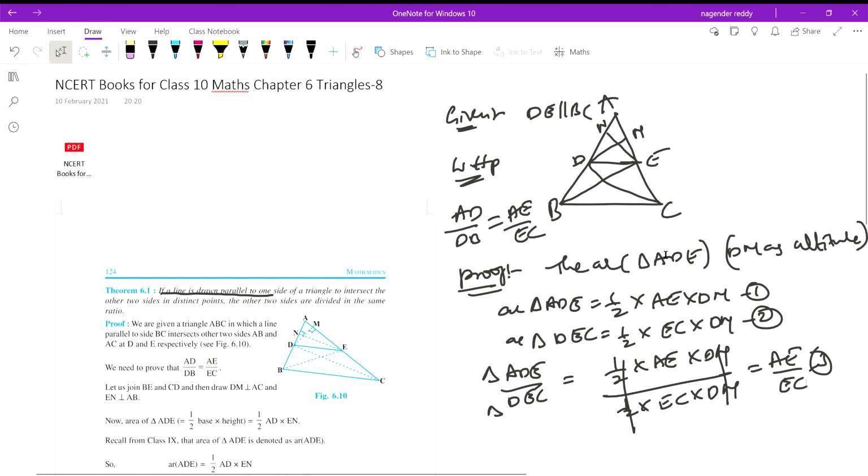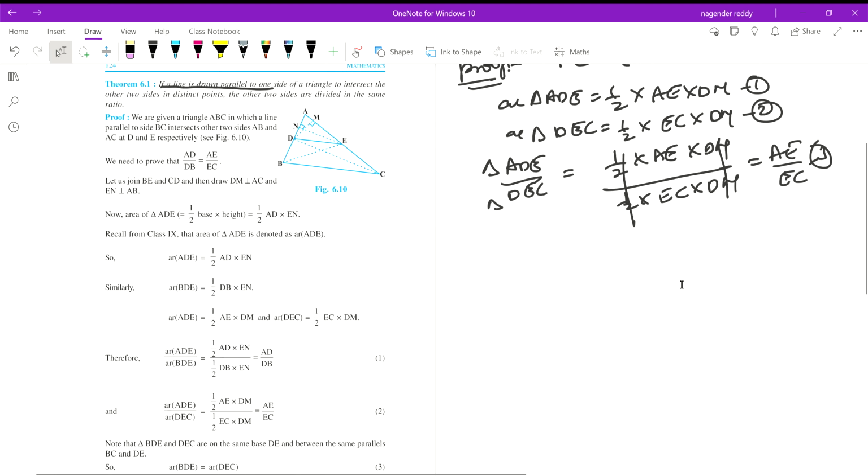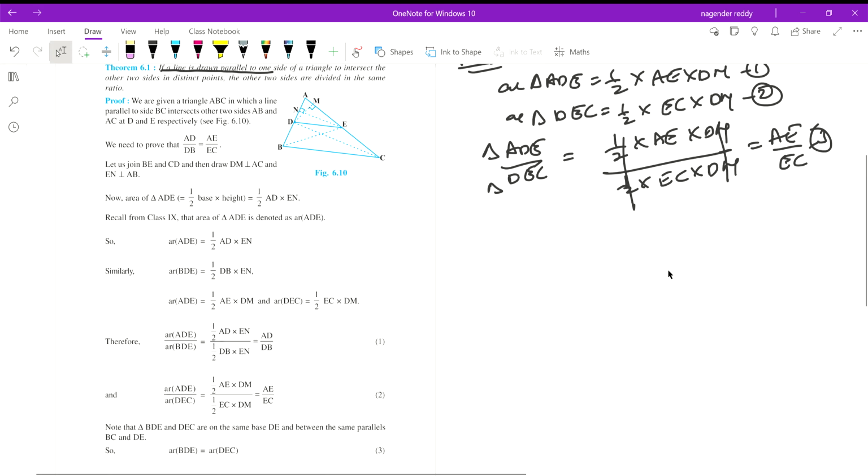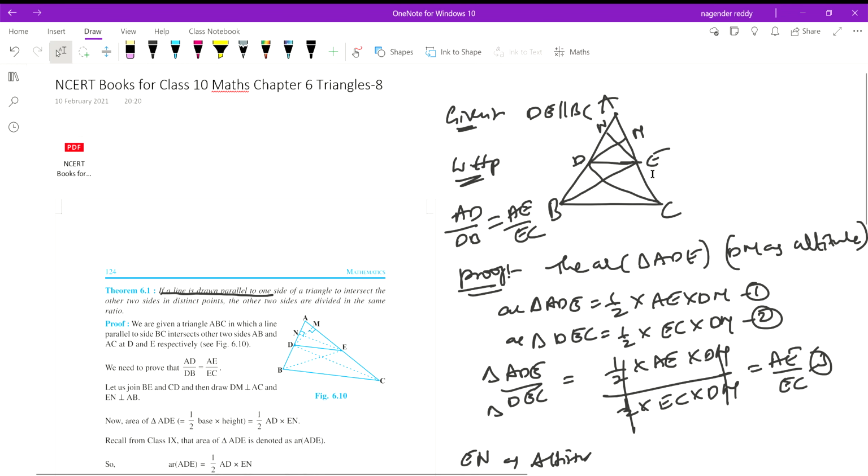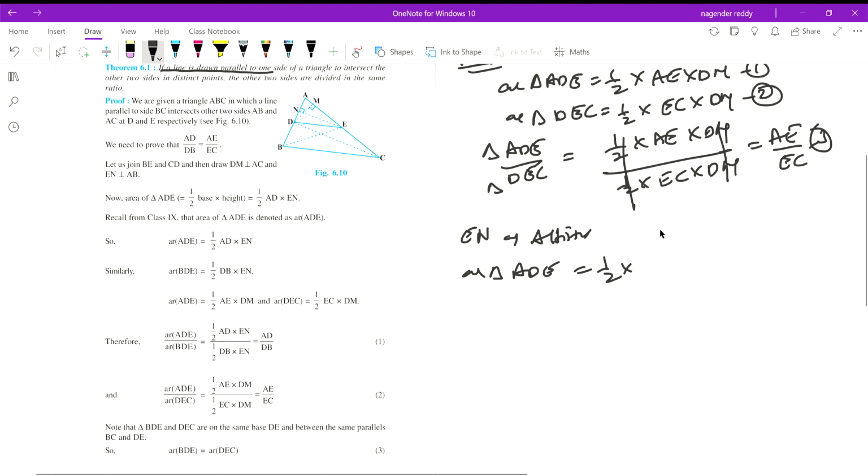Now in the same case, we'll take the area of triangle ADE with EN as the altitude. The area of triangle ADE is equal to half into base into altitude. EN is your altitude, which means AD will be the base, so half into AD into EN.